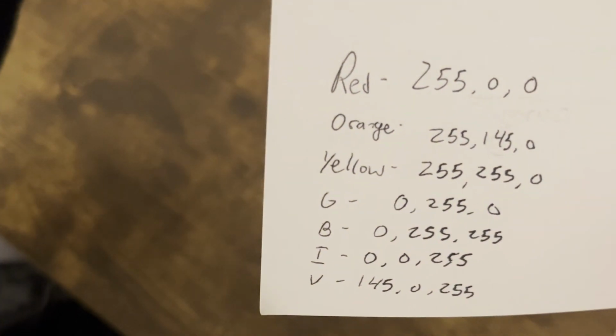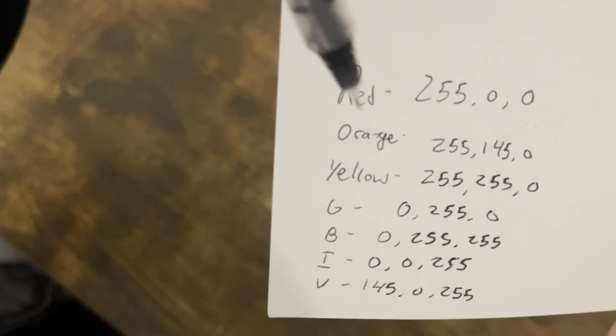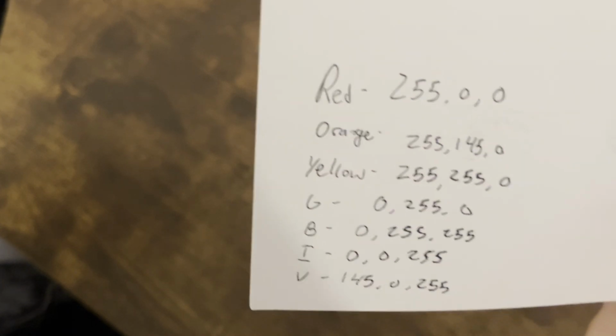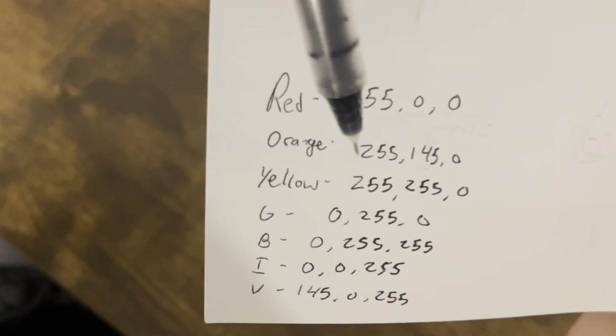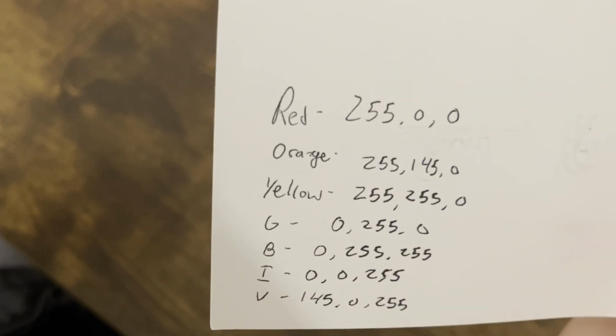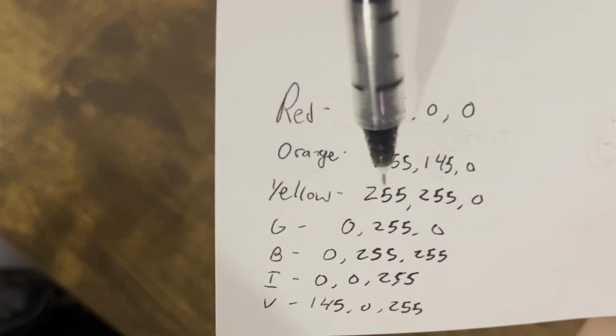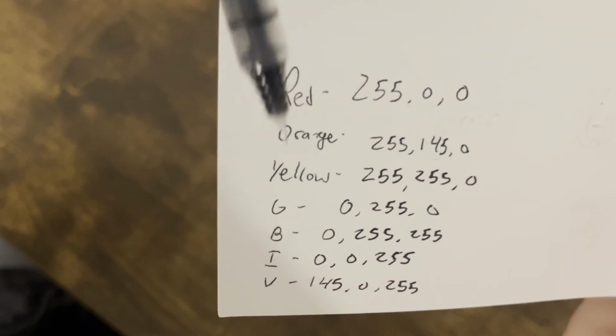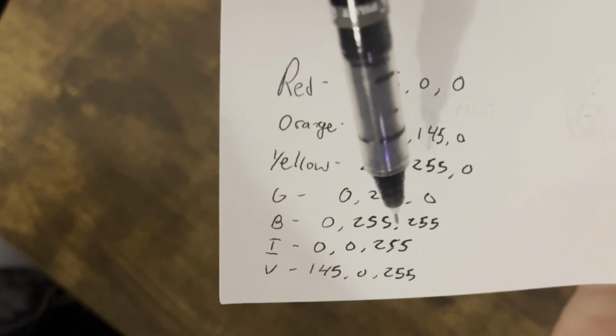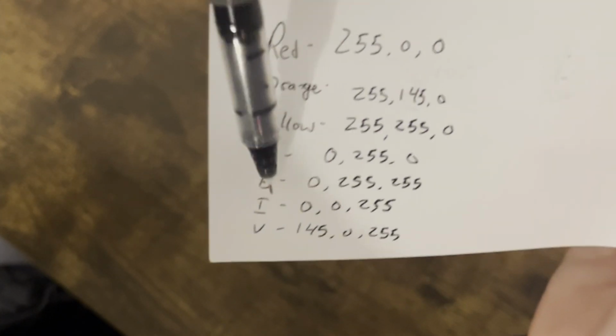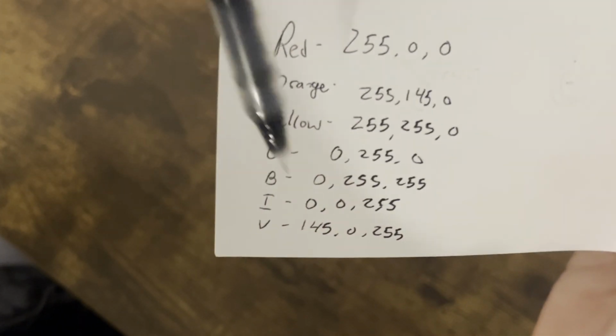Red would be full brightness on red, 255, and 0 for green and blue. Orange is going to be mostly red, a little bit of green. Yellow is going to be full red, full green. Green, full green. Blue is more like cyan. Indigo is like full blue.